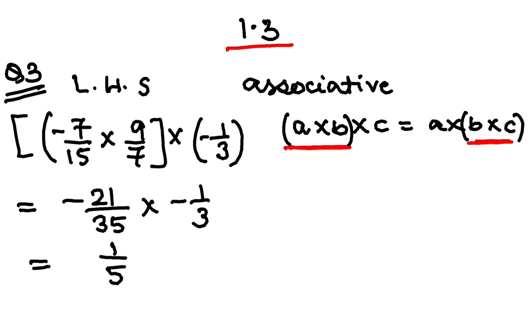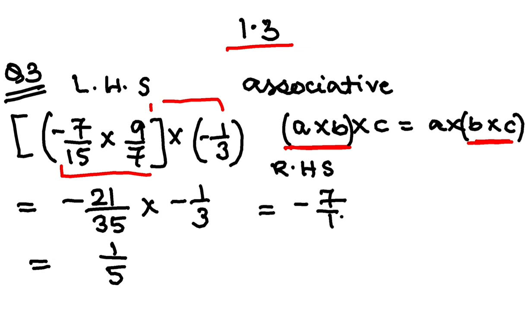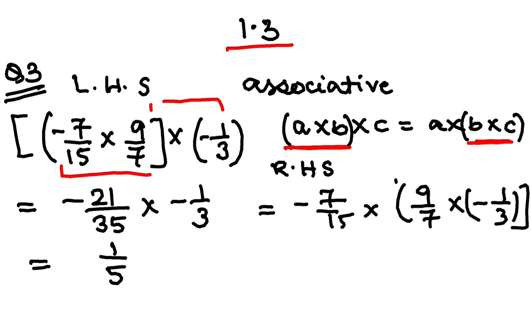Okay, here I have put the bracket between these two. Now I'll put the bracket between these two. Okay, so right hand side, now I'll write minus 7 by 15. I'll put the bracket between the last two terms, 9 by 7 into minus 1 by 3 this way. All right, so again you'll simplify this one, and after simplification you'll obviously get 1 by 5.